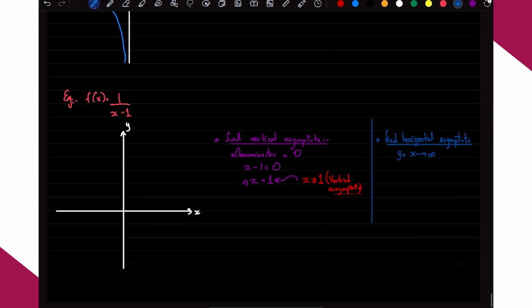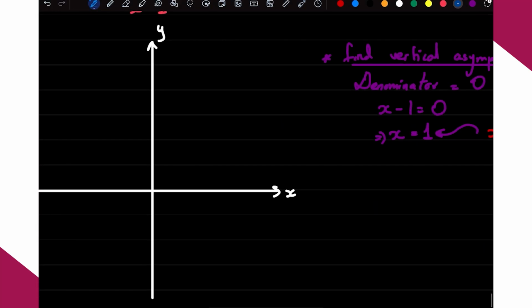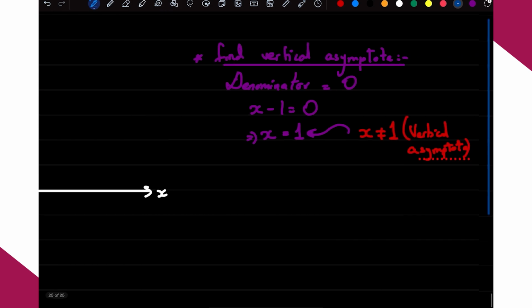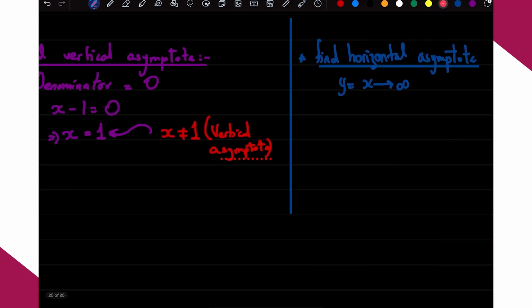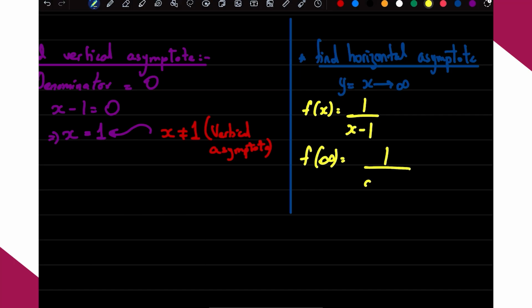But how do we actually find these sort of values and how to work with them? Well, let's take this equation. We've got the equation f of x is equal to 1 over x minus 1. If we just place infinity, f of infinity is basically 1 over infinity minus 1.